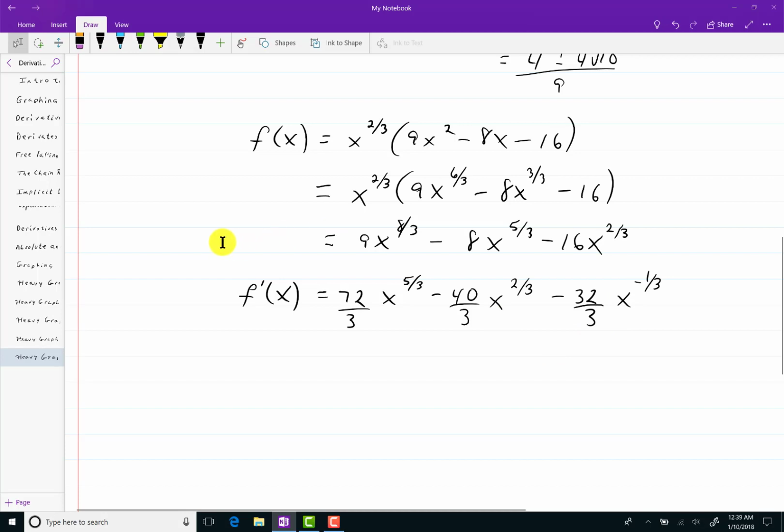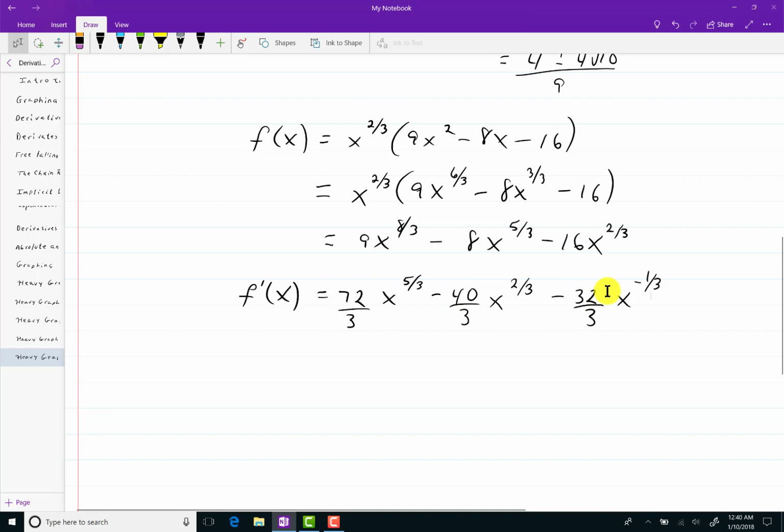Now, it may seem weird, but I'm going to refactor now. And whenever you factor out x's, always try to pick the one with the lowest power as the one that you factor out. So what I'm going to do is factor out this 1/3 from everything. And then, I don't know if you noticed, but 8 goes into 72, 40, and 32.